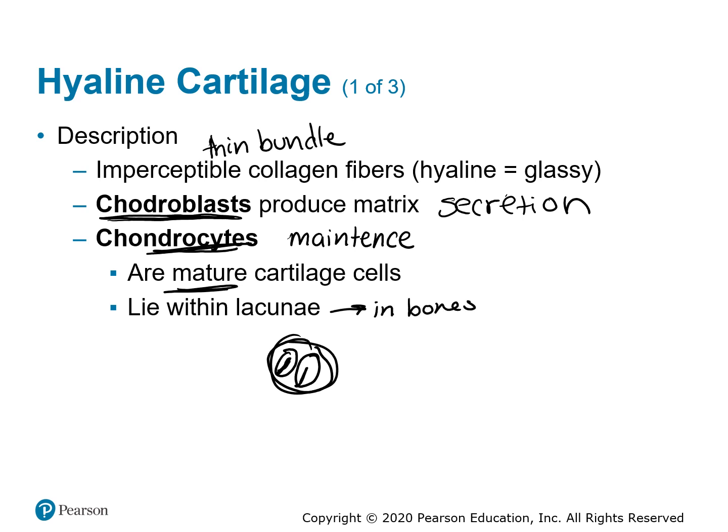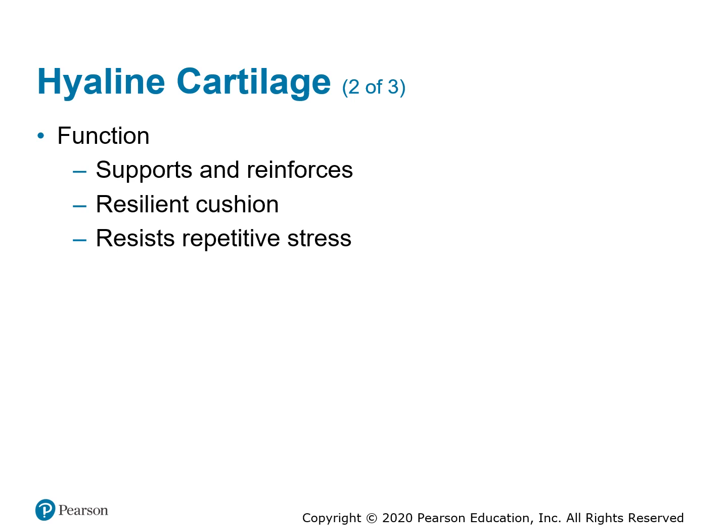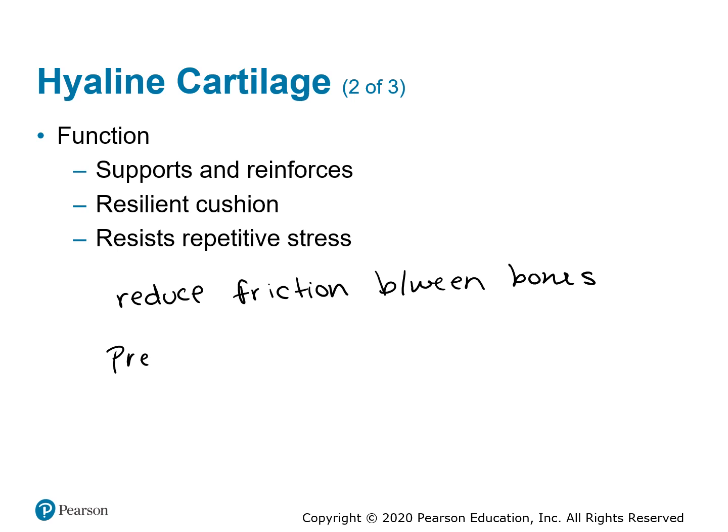Okay? So the function of that hyaline cartilage, like I was saying, is that it helps to reduce friction between bones. It is strong and flexible and does a lot of support. It is a precursor to bone in fetuses.